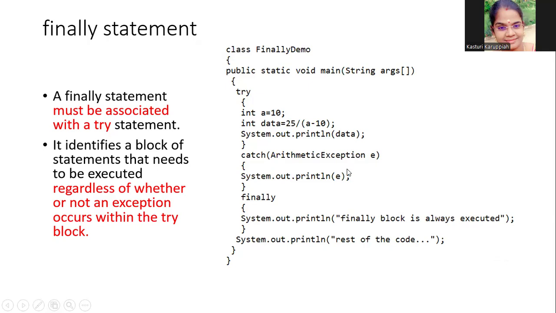Therefore, it will handle that exception. I am displaying System.out.println(e), displaying the error. And then what is the finally block here? The finally block is always executed, along with the rest of the code. Whenever I execute the coding, the execution starts from the main method, entering into the try block.